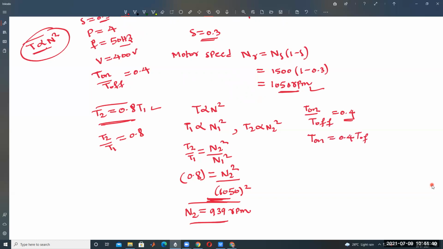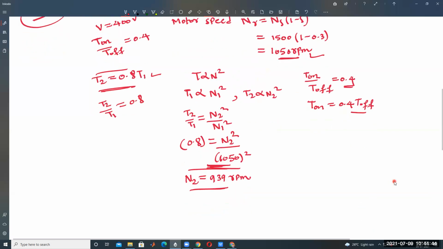Also, I will tell you the average torque formula. The average torque is equal to T1 into T on plus T2 into T off, divided by the total, T on plus T off.